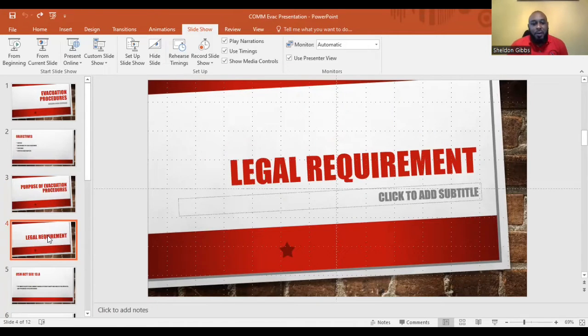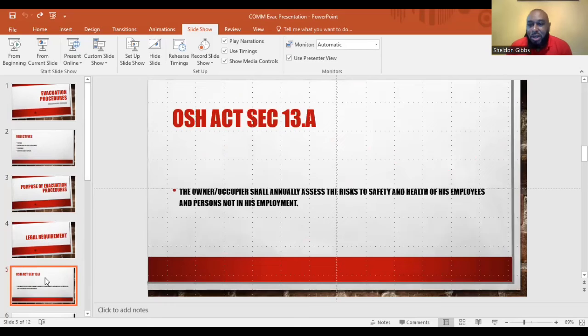The legal requirement is normally based on legislation relative to Trinidad and Tobago, and in this case, we'll be using aspects of the OSH Act.